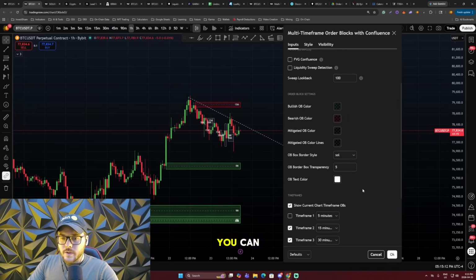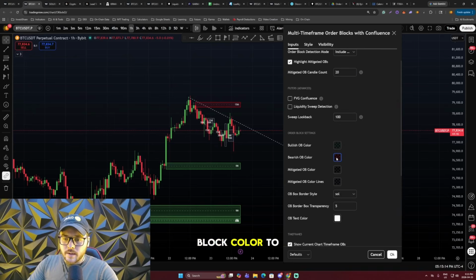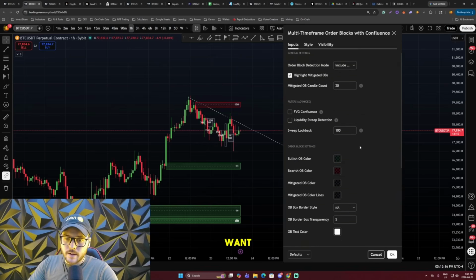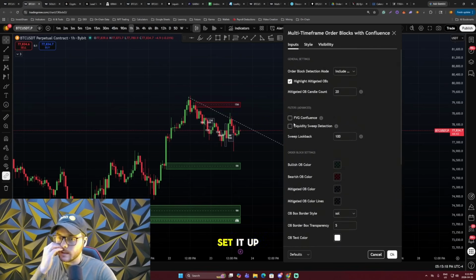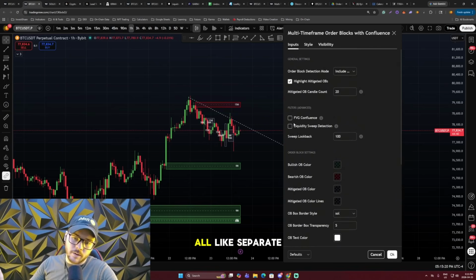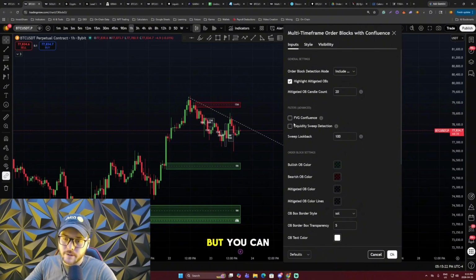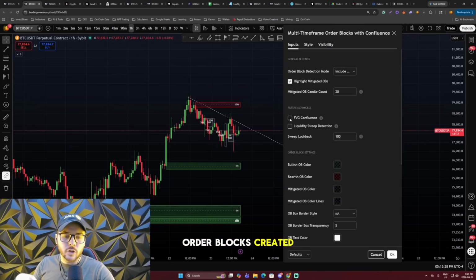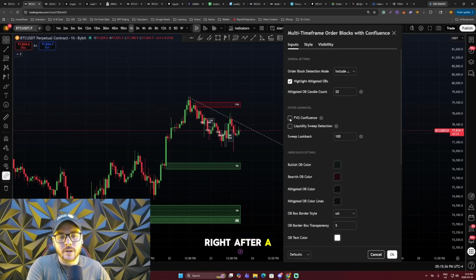Alrighty. You can adjust the order block color to any color you want. You can also set it up so then, this is a whole separate lesson altogether, but you can also choose filters where it has order blocks created with confluence. So like an order block created with the fair value gap, or an order block created right after a liquidity sweep.